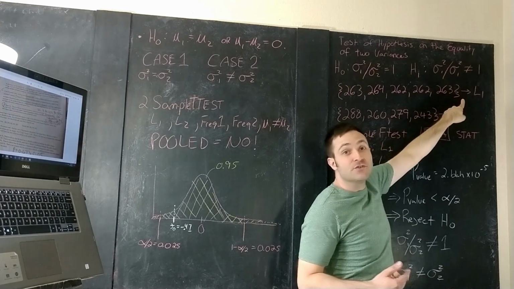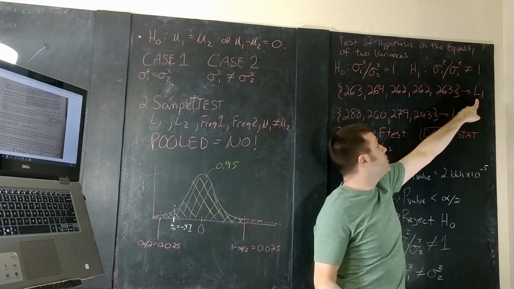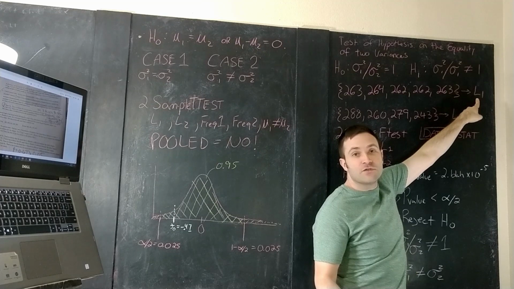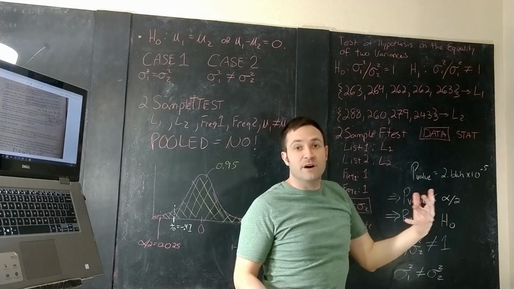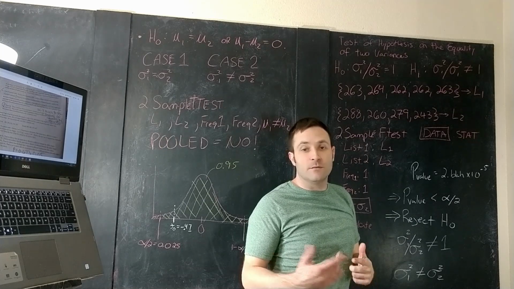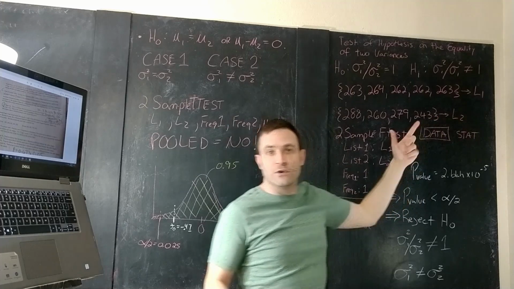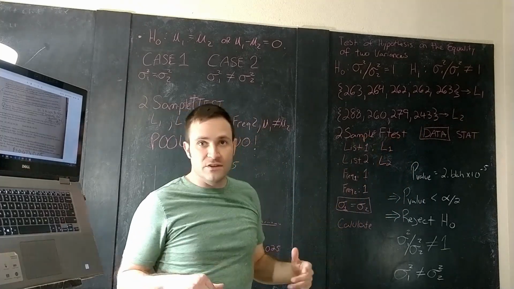This is the calculator store function, which I'm sure you're familiar with, and then this reference right here is literally the button second and the button 1. On my calculator, that's a reference to list 1. And so with those button presses, list 1 is populated.